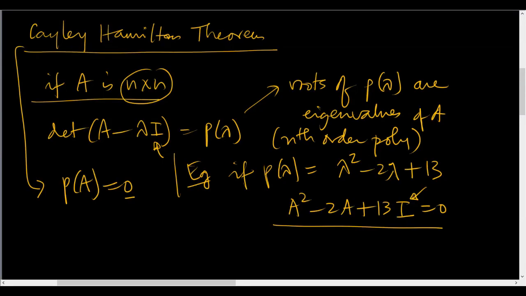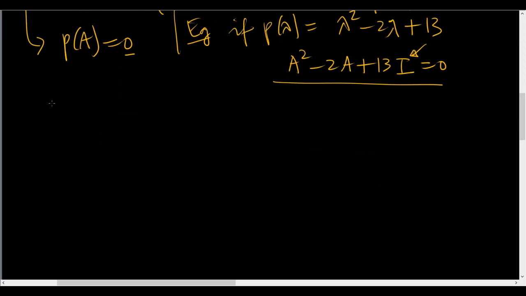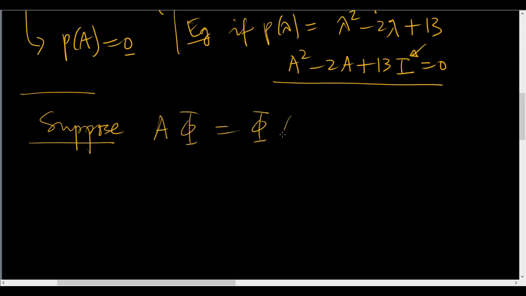So, in most cases, you see, suppose A phi is equal to phi lambda, and this is diagonal, and this is invertible.